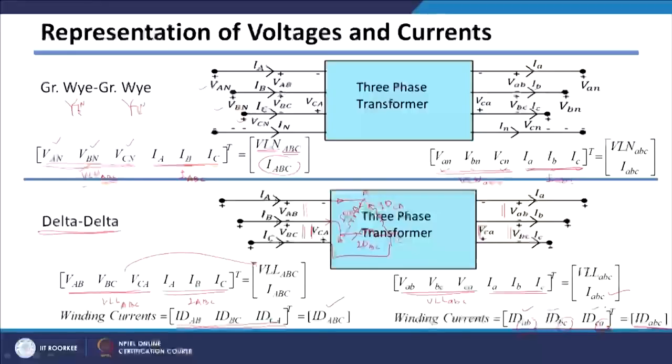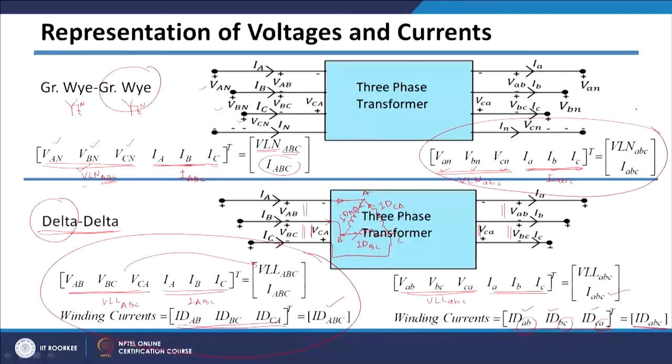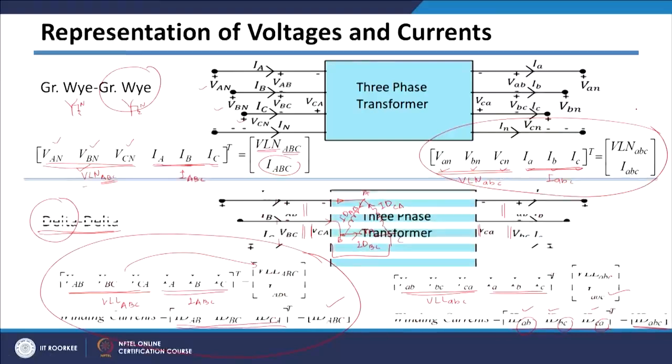So this is the representation of various voltages and currents in star connections and delta connections. If the winding is, say, delta and grounded Y, so some transformers have primary side delta and secondary side grounded Y, then these terms will be on the primary side and these terms will be on the secondary side. So this is the representation.